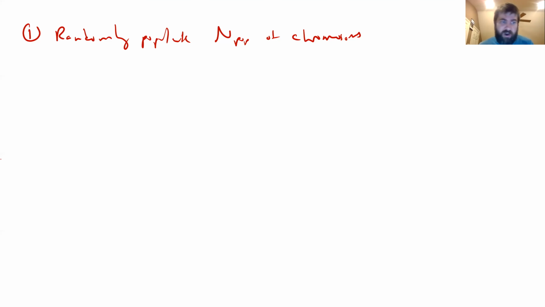I'm going to call this set the population set. And this can be done purely randomly. You just throw in random sequences with associated conformations.